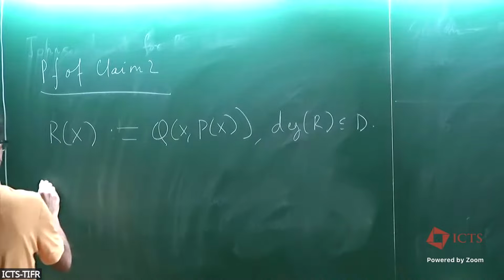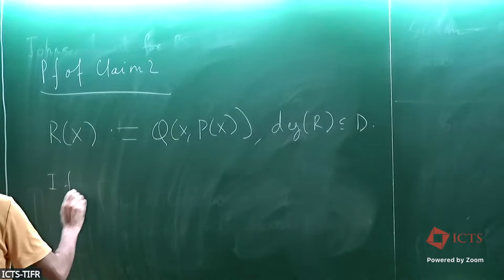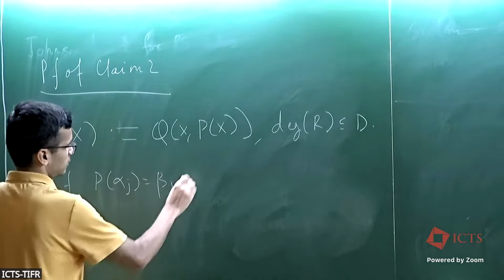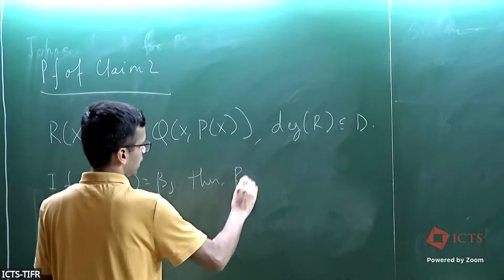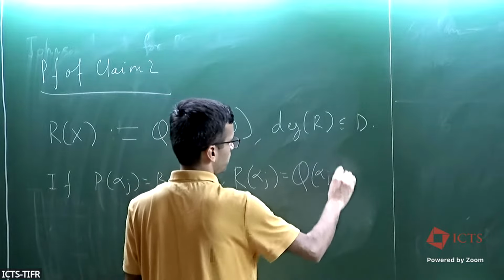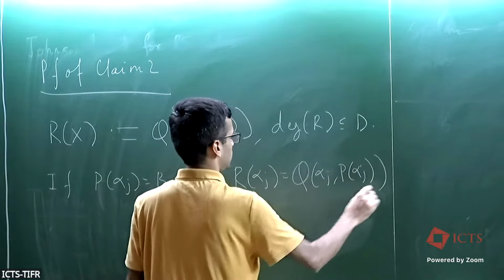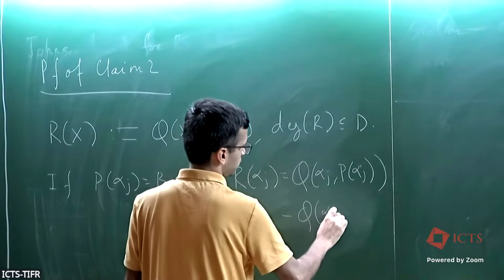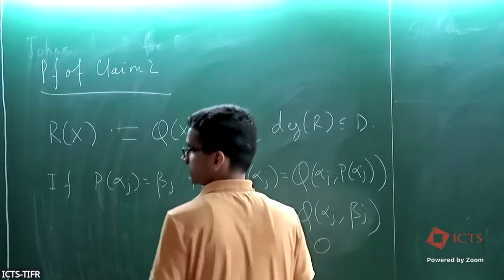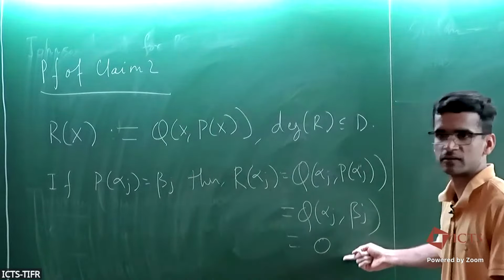Again, observe that if P(alpha_j) equals beta_j, then R(alpha_j), which is equal to Q(alpha_j, P(alpha_j)), which is Q(alpha_j, beta_j), is 0. This was an interpolation constraint that we had imposed.